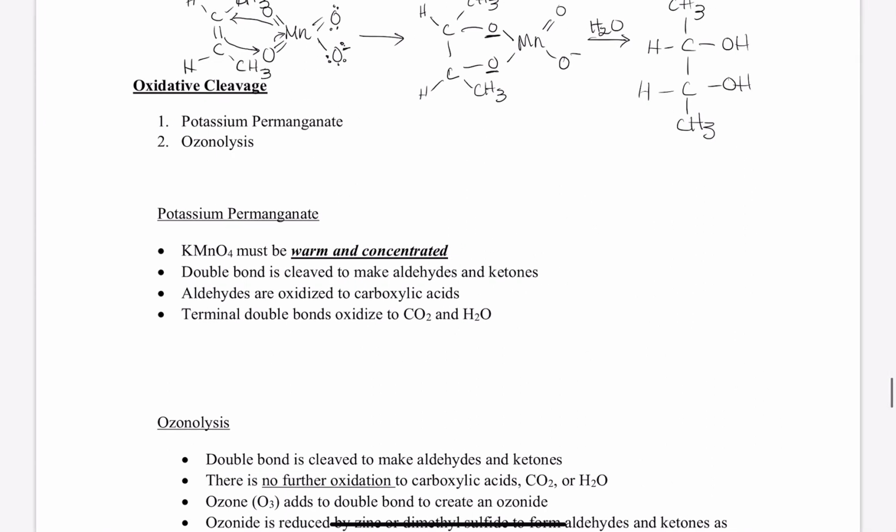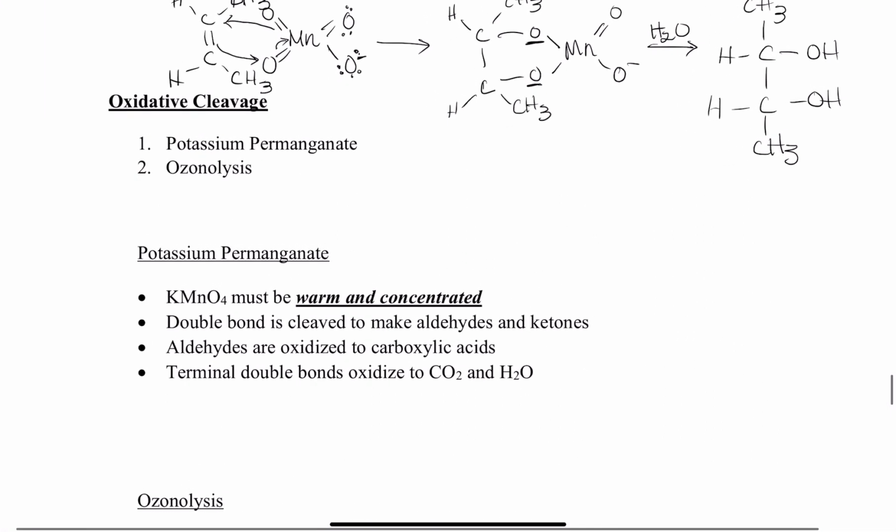Next, we have oxidative cleavage. This also uses 2 different reagents. There's potassium permanganate, and then we also have ozonolysis, which is going to be utilizing ozone, O3. So for potassium permanganate for oxidative cleavage, essentially what we're doing is we're just cleaving double bonds to make aldehydes and ketones.